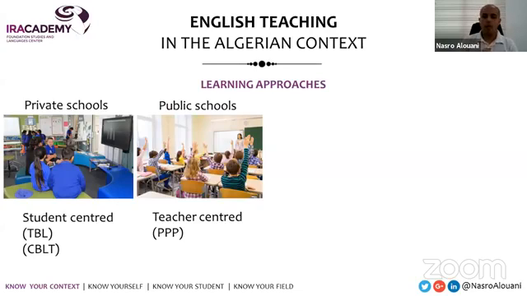Why? Because the number in the classroom is huge. So most classrooms are overdense. You will find over 30 students in the classroom, and it's chaotic. No one can control the whole number with a competency-based approach or a student-centered approach.